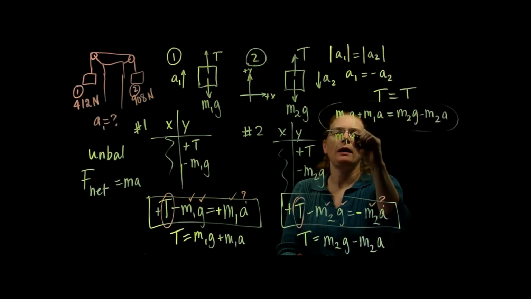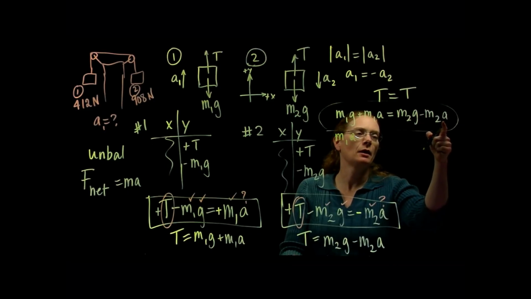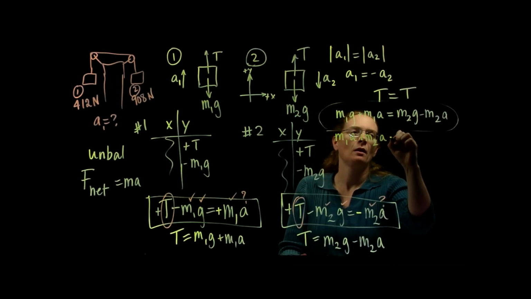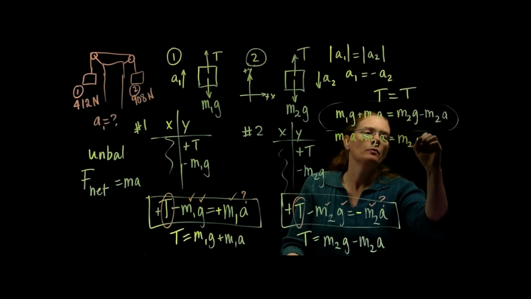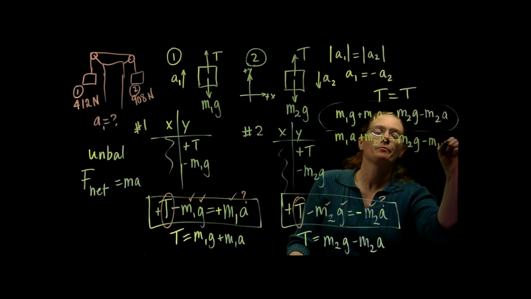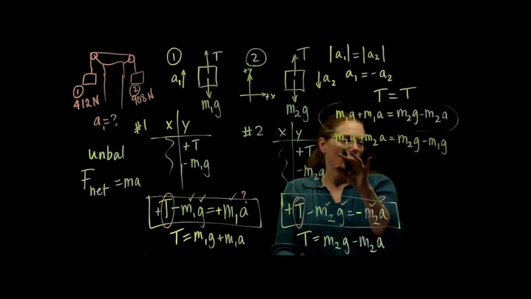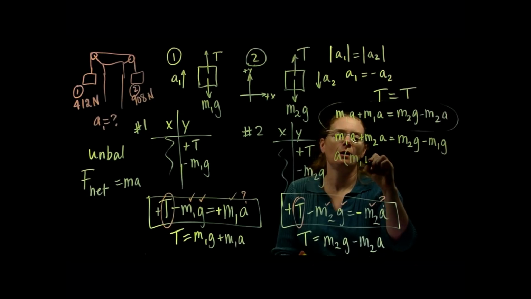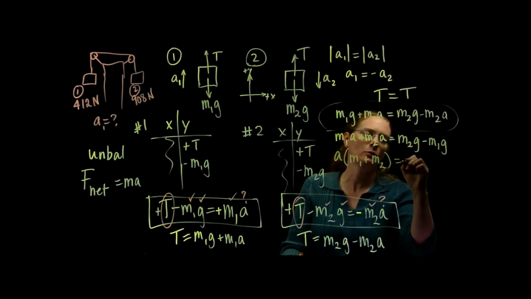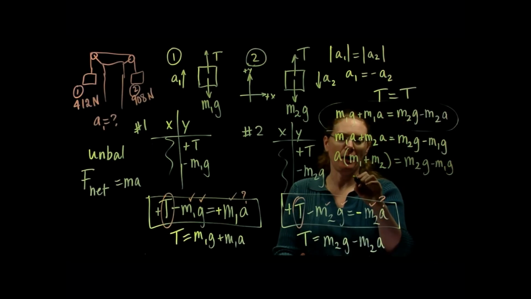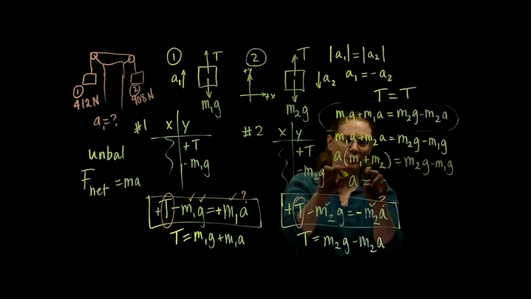I've got an M1A here. I'm going to bring this M2A over to the other side. It becomes a positive. And then I've got that term over here, and this one needs to go over. It becomes a negative. All right, how does this help me? I can factor out the A. M1 plus M2 equals M2G minus M1G, and here divide both sides by this term.